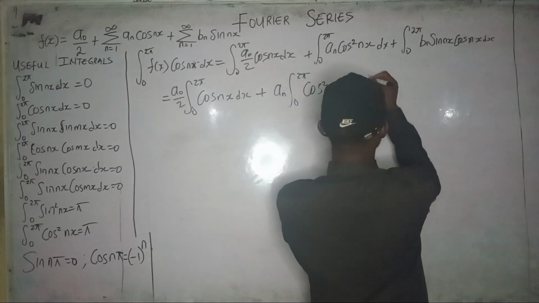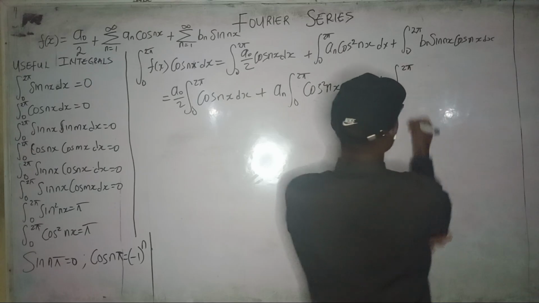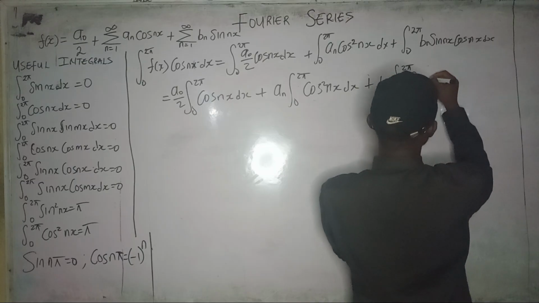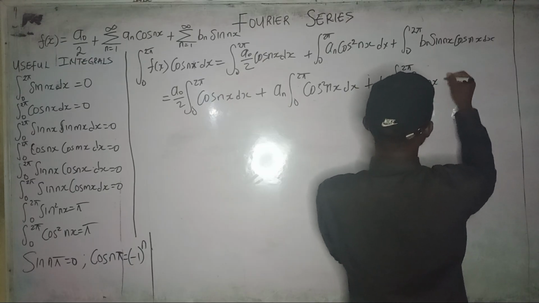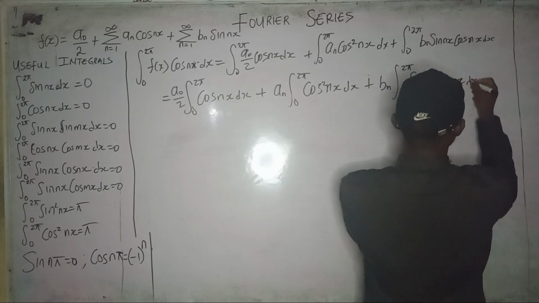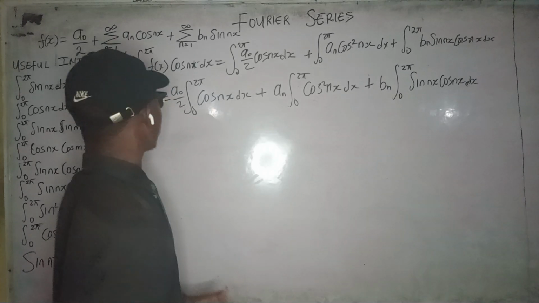Then also we have plus b_n, the integral from 0 to 2 pi of sine nx cos nx dx.